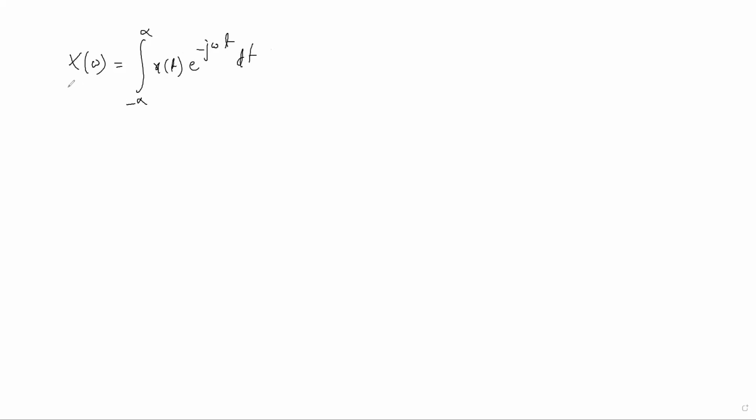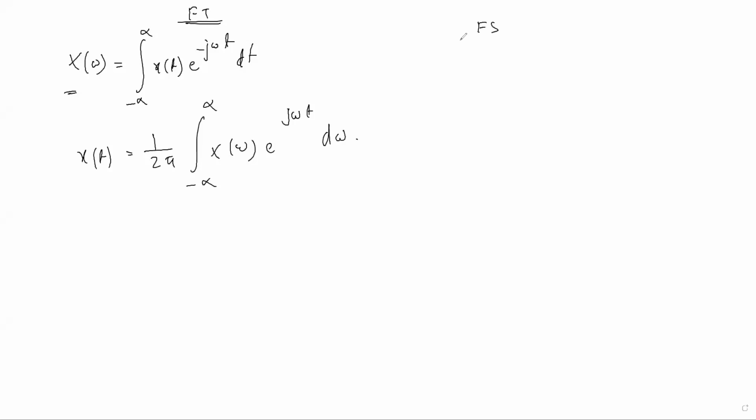This is the equation for the Fourier transform. And the inverse Fourier transform equation is 1 by 2 pi times the integration from minus infinity to infinity of X(omega) e to the power j omega t d omega. So this is for the Fourier transform.